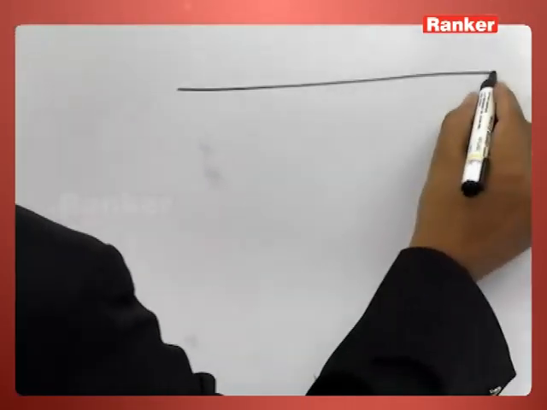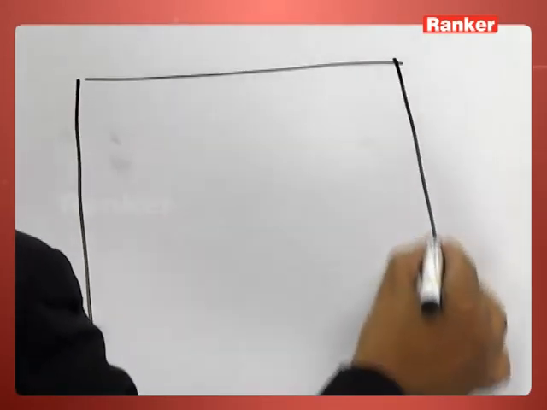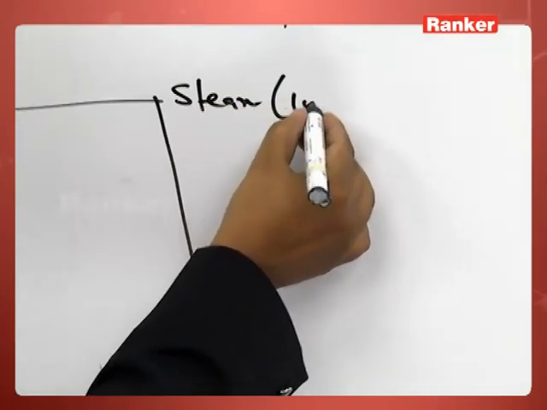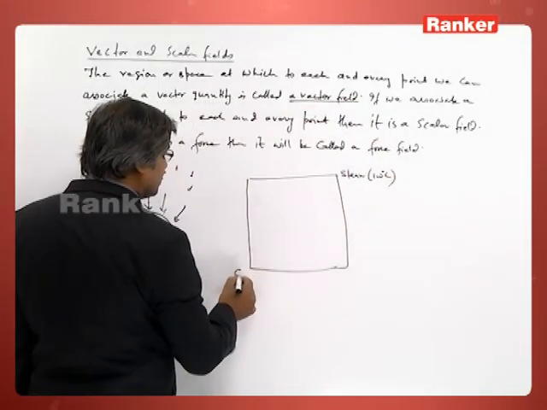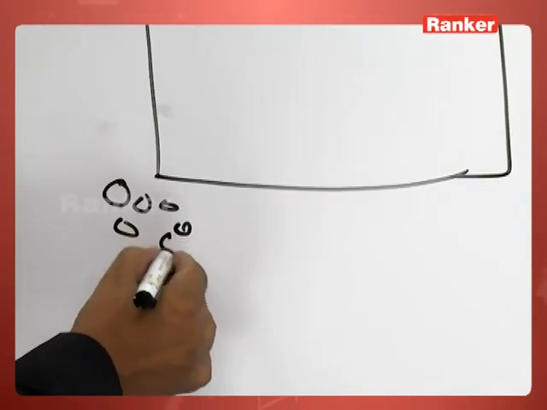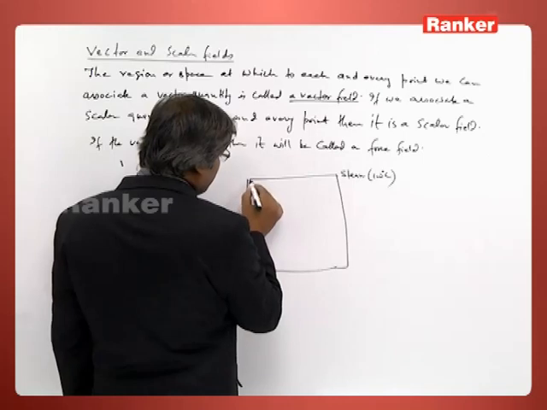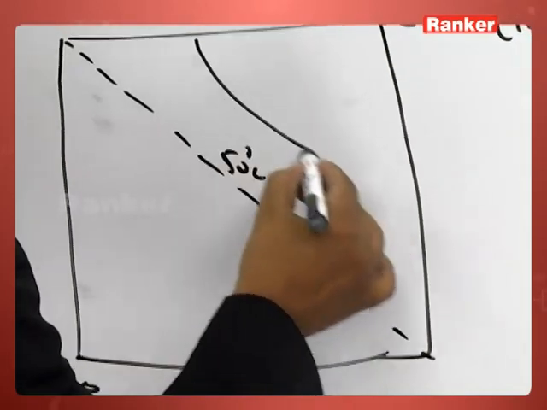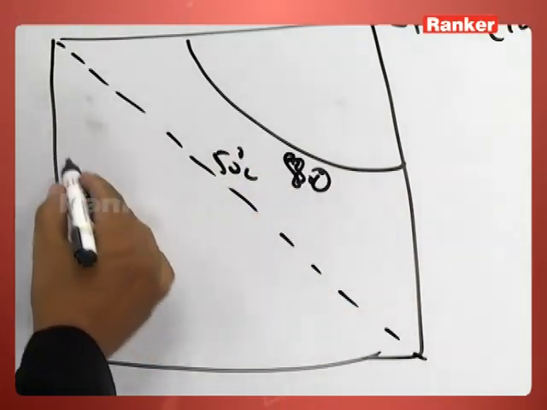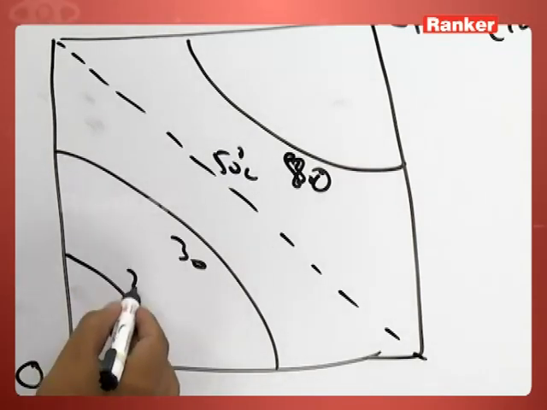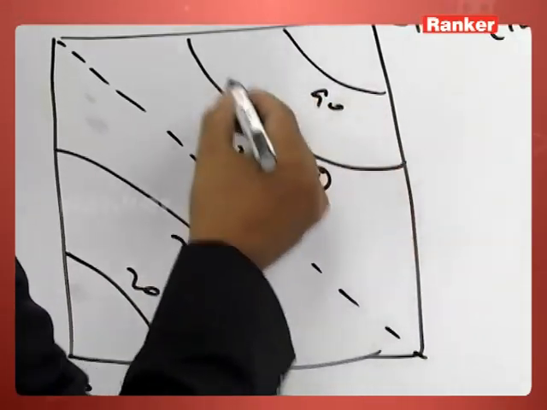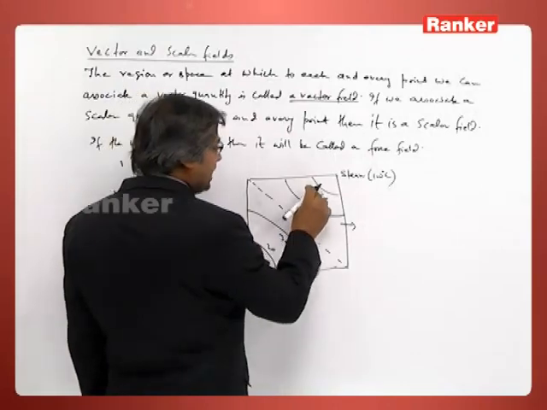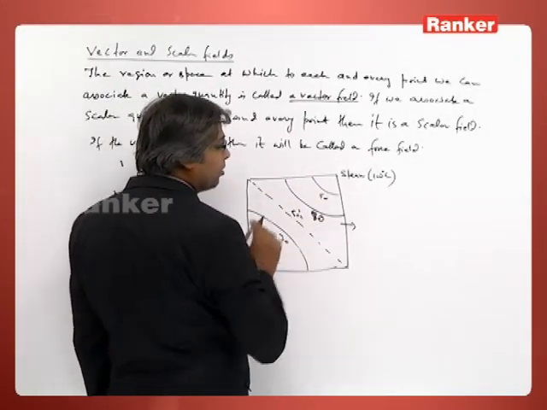If I take a square plate such that here I put some steam at 100 degrees centigrade and here some ice cubes at 0 degree centigrade, you see this region will have a temperature of 50 degrees centigrade. This region will have 80 degrees centigrade. This region will have 30. This is 20. This is 90, like that. So in this hot plate, we can assign to each and every point a scalar quantity called temperature.